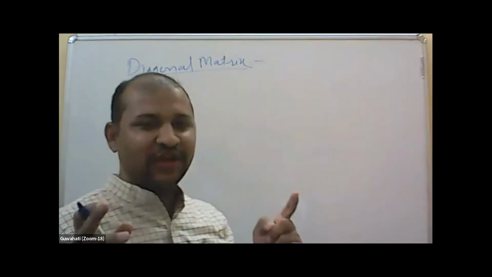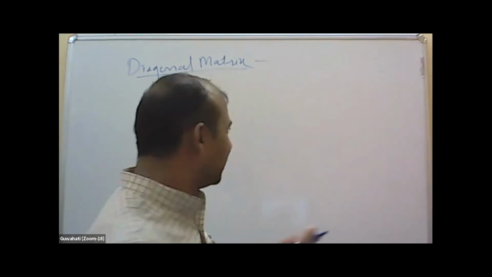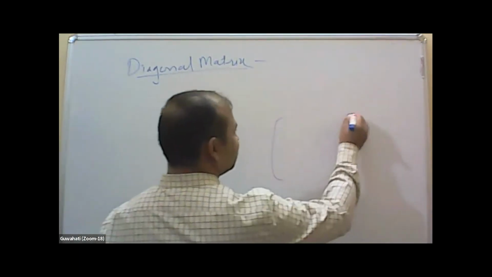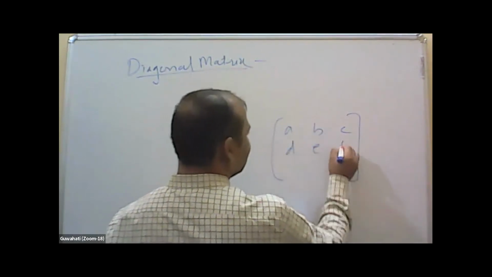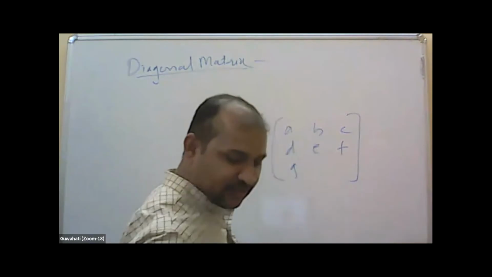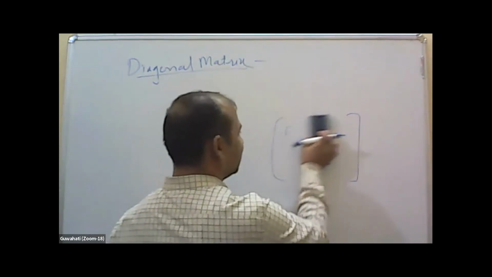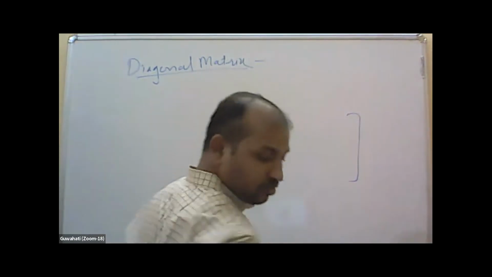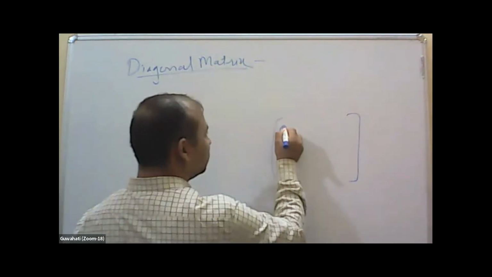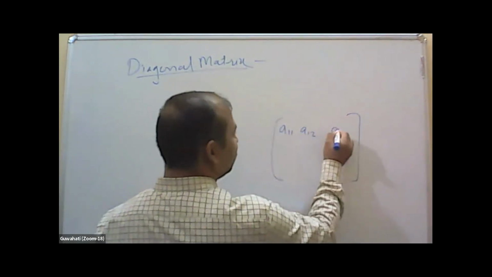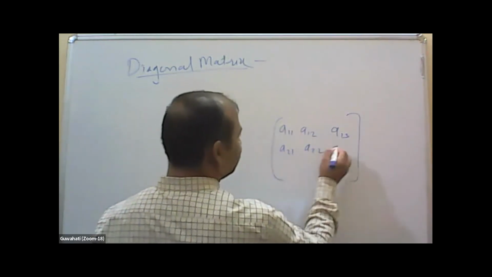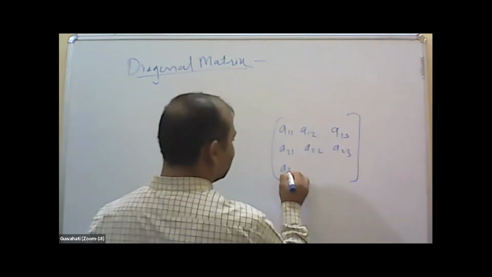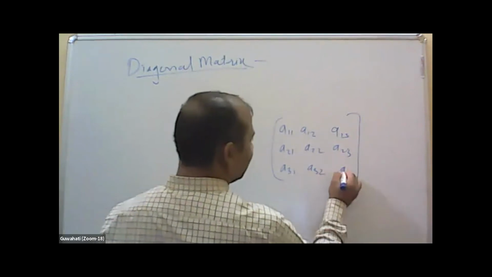all the diagonal elements. What does diagonal mean? Suppose this is your general matrix: A11, A12, A13, A21, A22, A23, A31, A32, and A33.